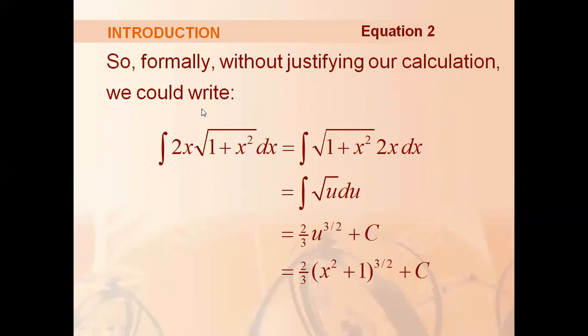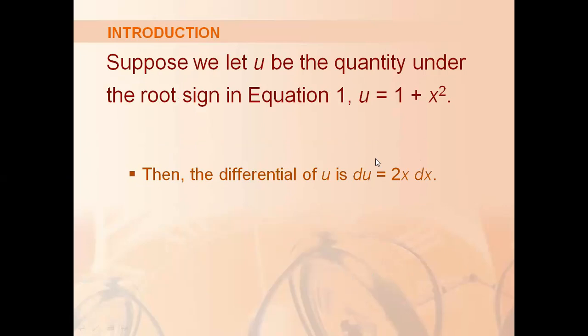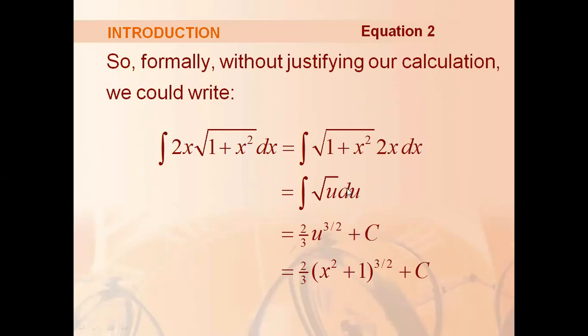To find these integrals, 1 plus x square equals u, and we can rearrange the 2x dx like this: the root over 1 plus x square, so 1 plus x square equals u, and 2x dx equals du. Remember that after differentiation, in the substitution process, we have to use the differential. So we get root over u du, since 2x dx equals du.